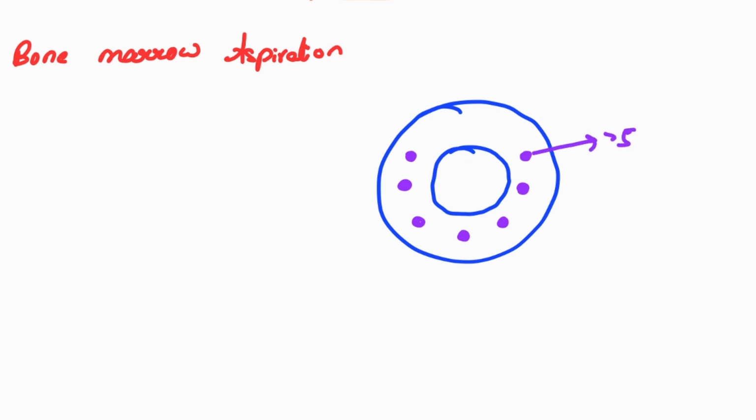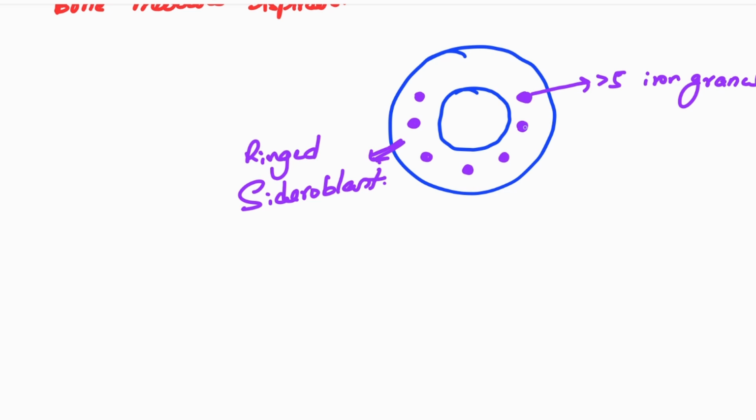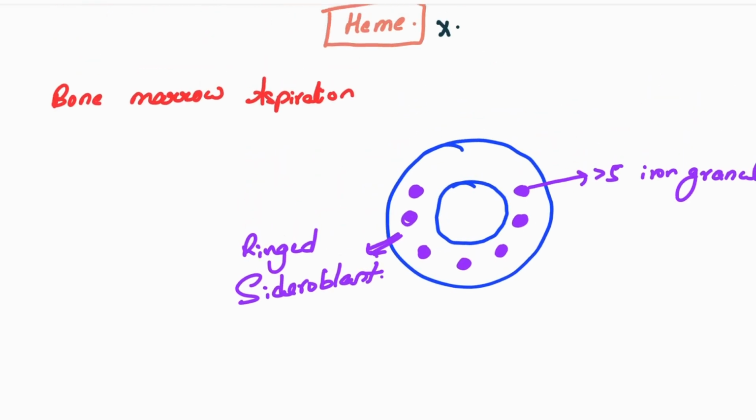If it is greater than 5 iron granules, then it is called a ringed sideroblast. So iron is present as granules in the perinuclear area. These are the structures you can see in the bone marrow aspiration.